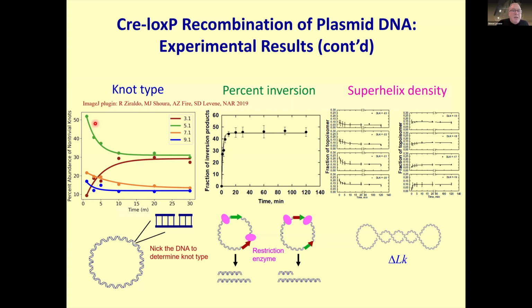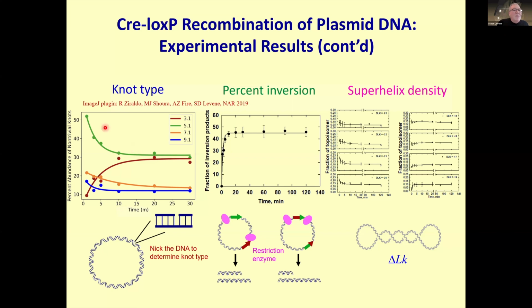And that's mainly because we can't easily quantitate the unknot band. It's so intense that when you try to quantitate the level of the unknot, there are huge uncertainties, simply because you've got small differences of large numbers. So we plot everything here in terms of the abundance of non-trivial knots, normalized in such a way that all of the non-trivial knots add up to 1.